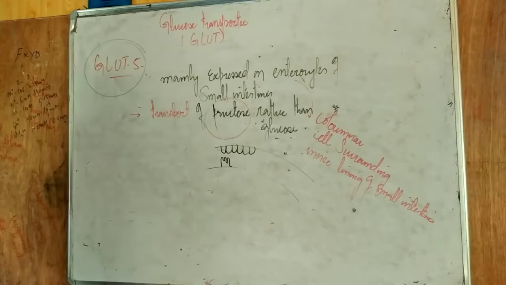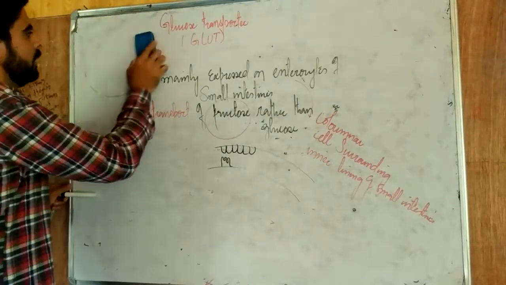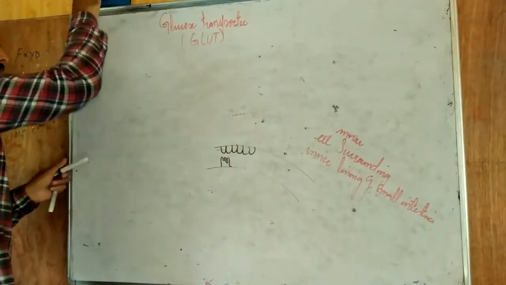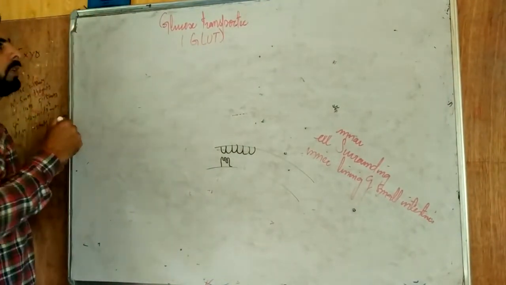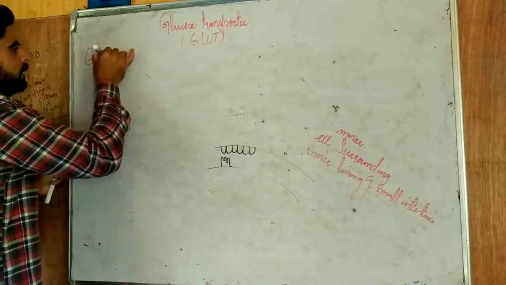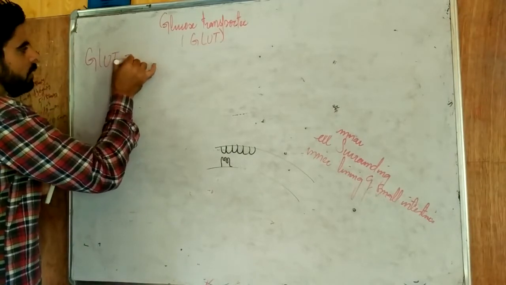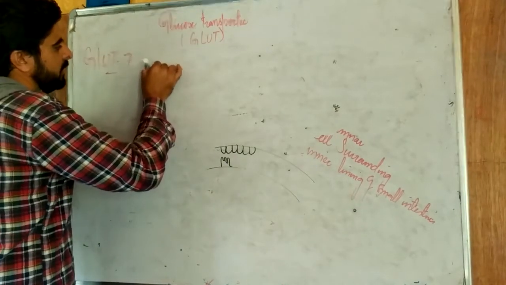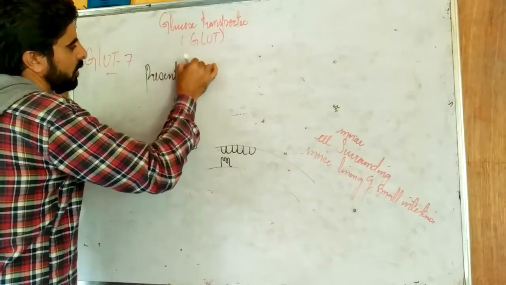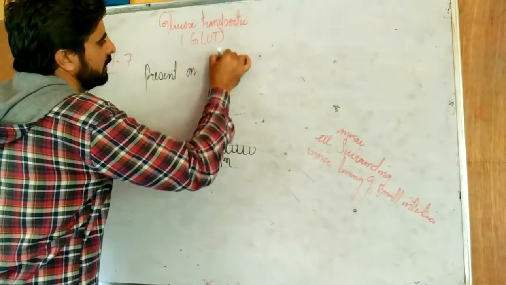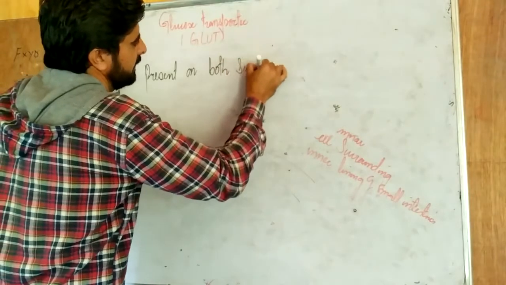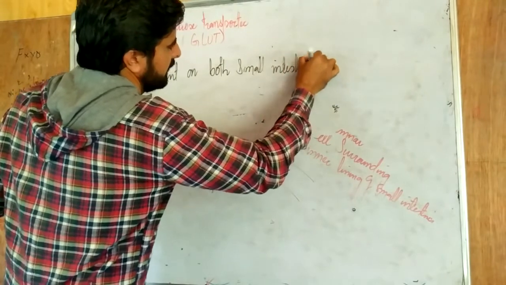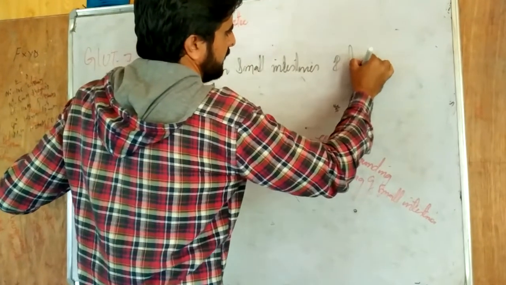Then after we have one more, that is GLUT7, which is present both in large and small intestine. These are the important ones which I am discussing. GLUT7 is present on both small intestines and large intestines.